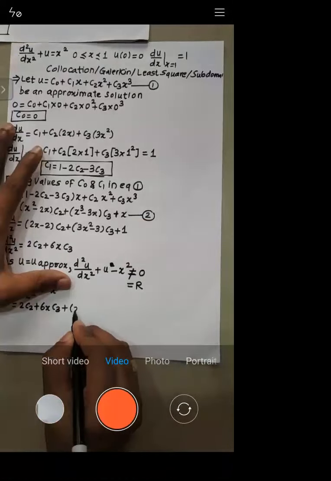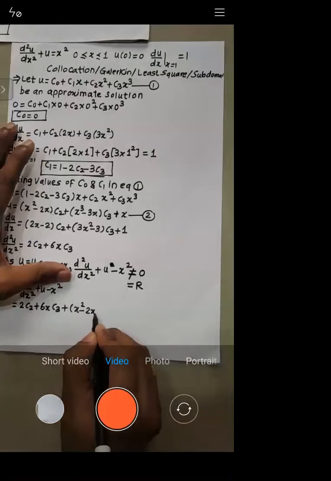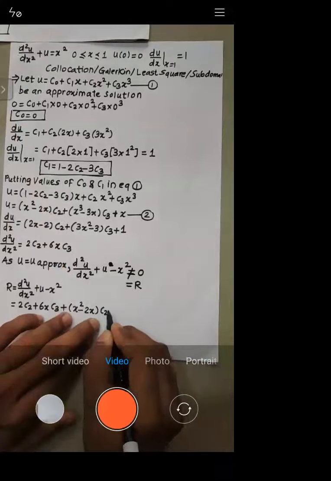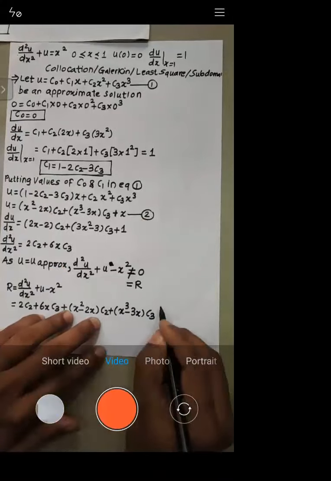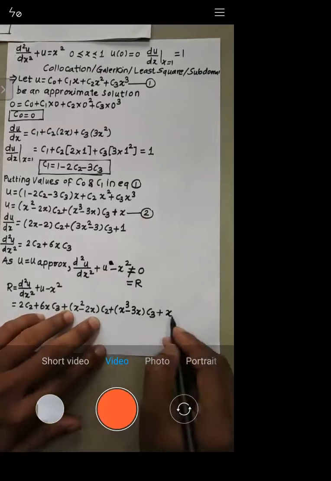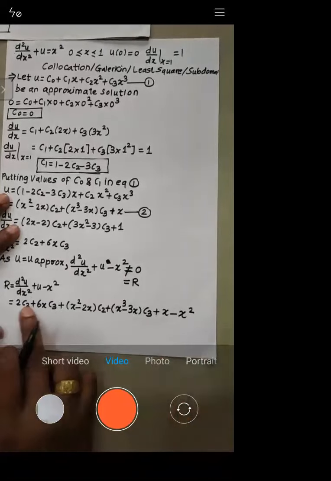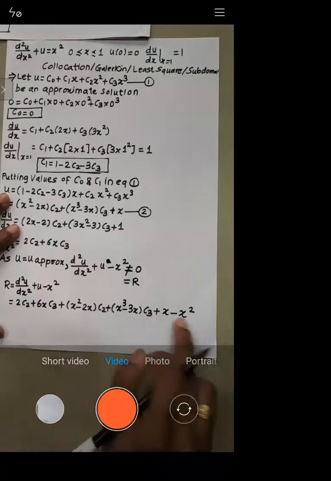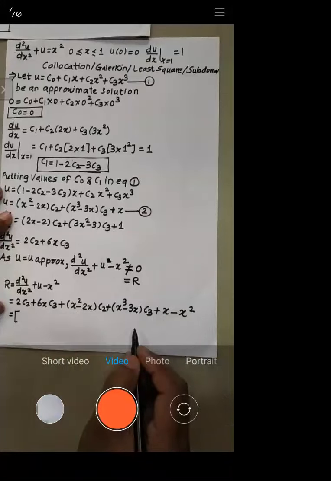So what is that? X square minus 2x c2 plus x cube minus 3x c3 plus x. This is your u, minus x square. Right, now just club the terms having coefficient c2.